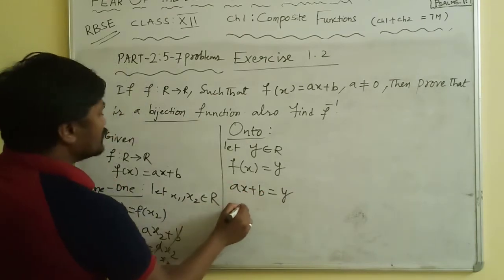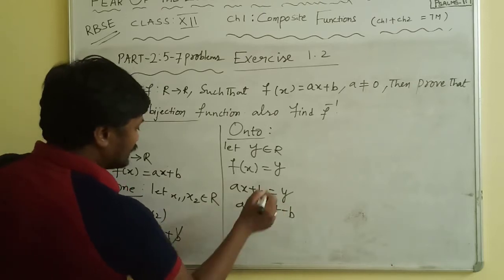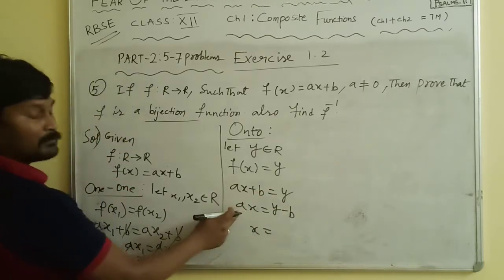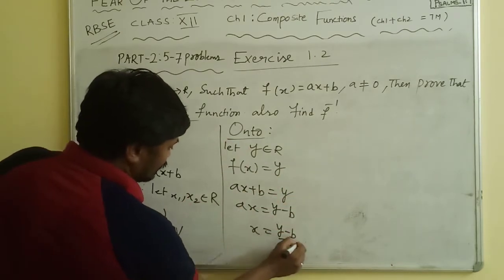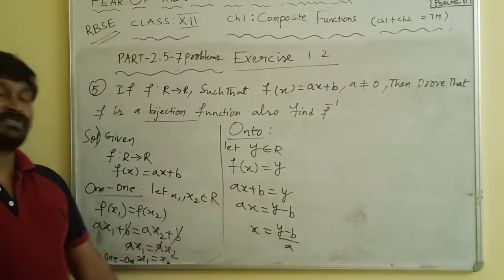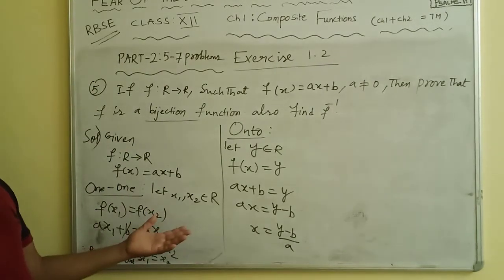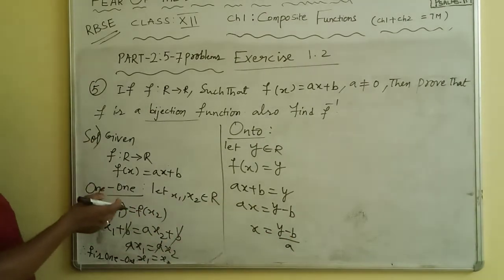Find the x value. ax is equal to y minus b, taking b to the other side. Then x is equal to y minus b upon a, since a is multiplying, it goes to the other side and becomes division. Here y is a real number, and this fraction also belongs to the real numbers.